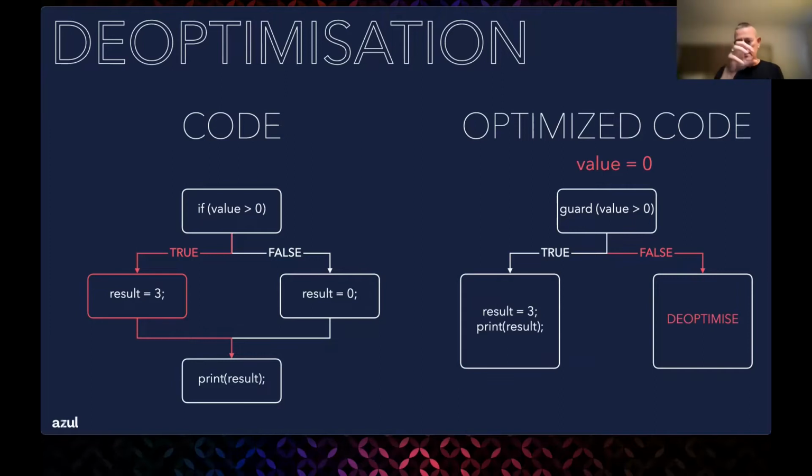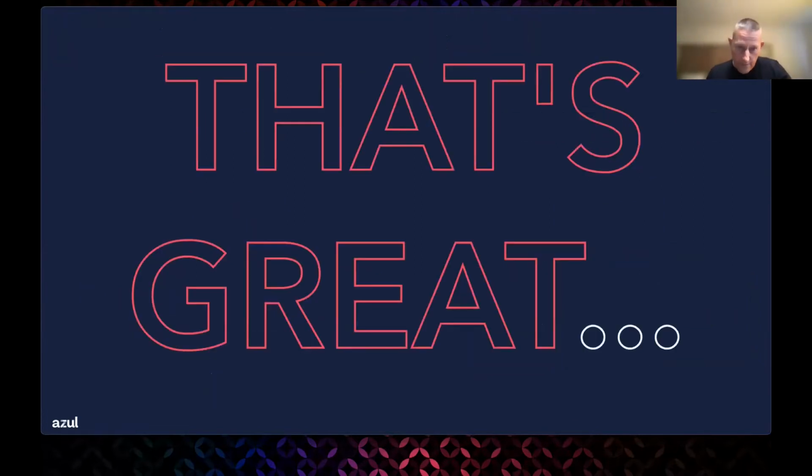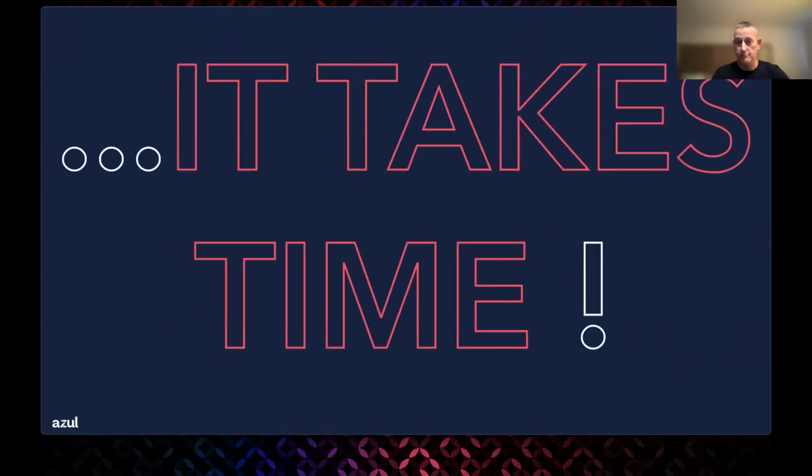And then we need to take this optimized code, throw it away, and then go again to interpretation, C1, C2. And you can imagine that this really is a performance hit, because that means the already optimized code suddenly needs to be deoptimized, needs to go through the whole cycle again, and that takes some time. So that's all great, but it takes time, okay? So it's not for free.